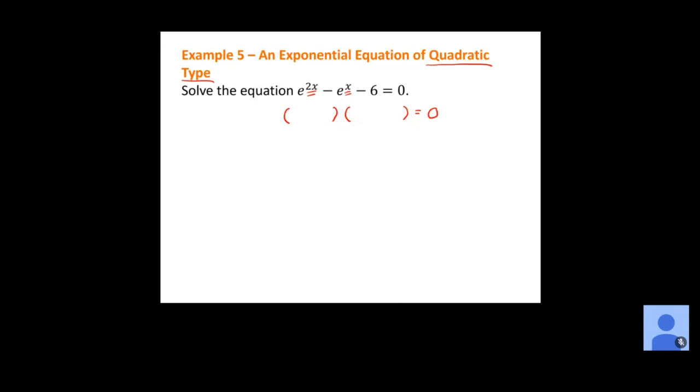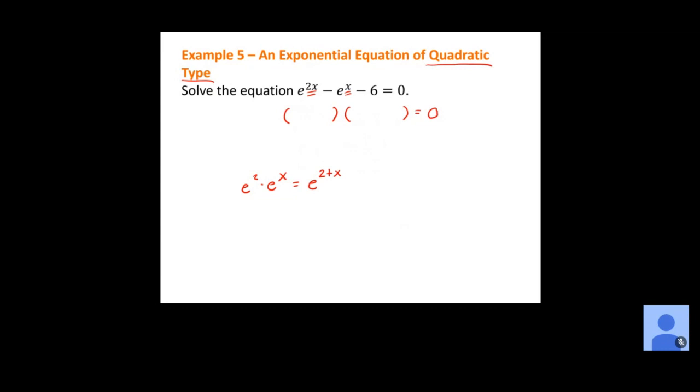So let's think about that, right? If I did e squared times e to the x, what's our rule for multiplication with exponents? What are we going to do with the exponents? You would add them, right? And so if I were to do this, that would actually give me e to the 2 plus x instead. So what would that need to be if I actually want to end up with 2x instead?